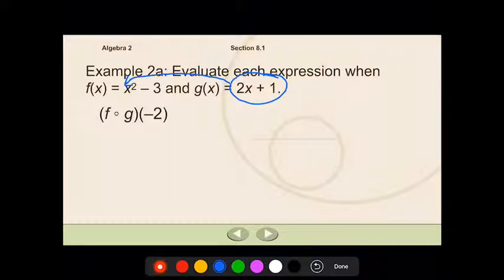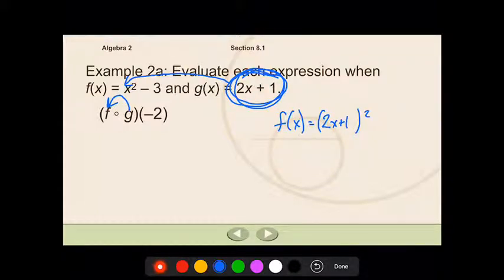So again, literally you take the value of g of x and you plug it into the f of x function where it says x. So if I did that, I have f of x is equal to the quantity x squared. But remember, I'm taking the actual g of x value and plugging it into that parentheses. Just like on the previous ones, we took a number and plugged it into the unknown or the variable.